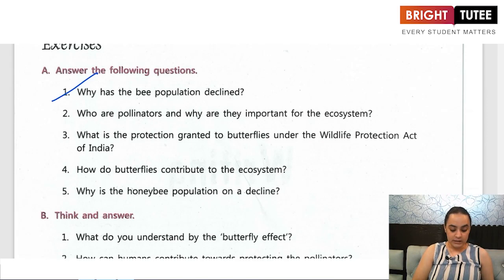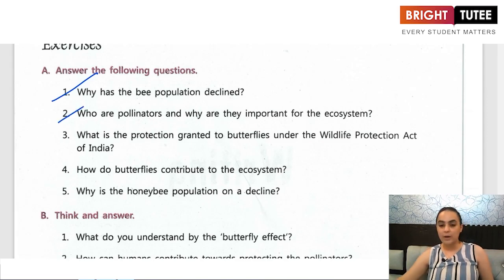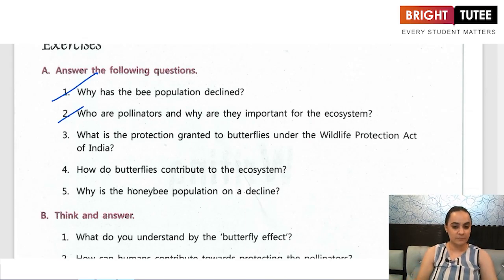Who are pollinators and why are they important for the ecosystem? Pollinators are small insects such as the bees, the honeybees, and the butterflies. They are important because they help in transferring the pollen or the seeds from one place to the other.